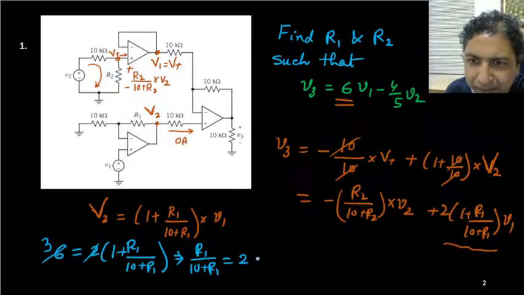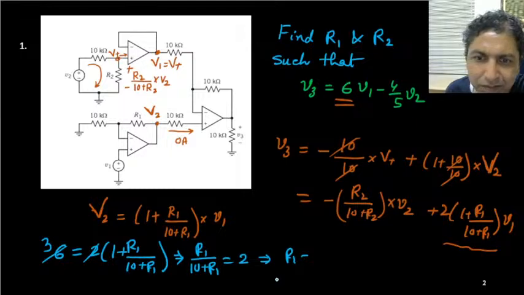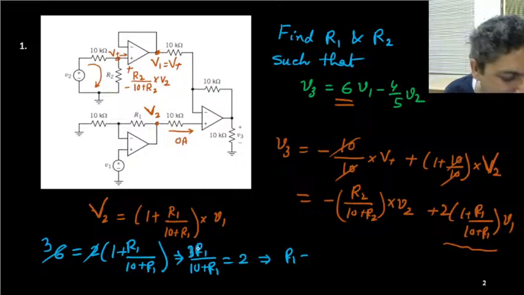Is it okay? That will give you R1, I think it is 3 times, which one is 3? Sorry. So this is your 3. 3 minus 1 is 2. Am I making any mistake?